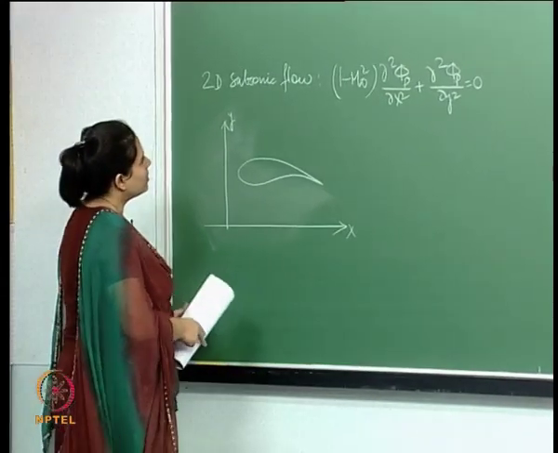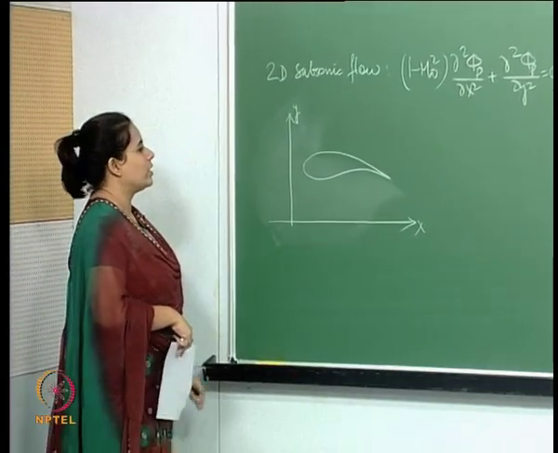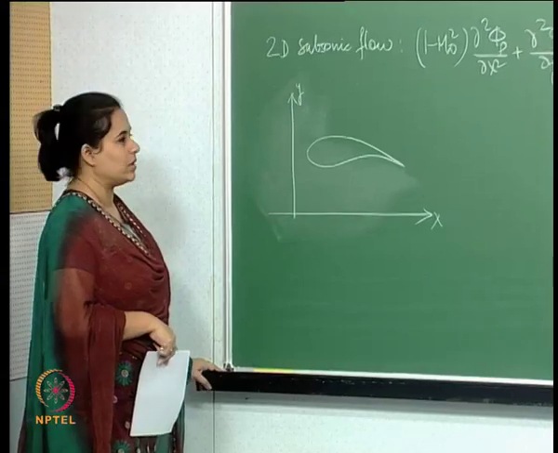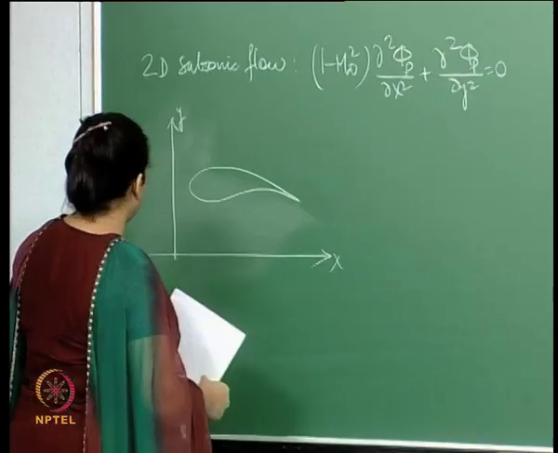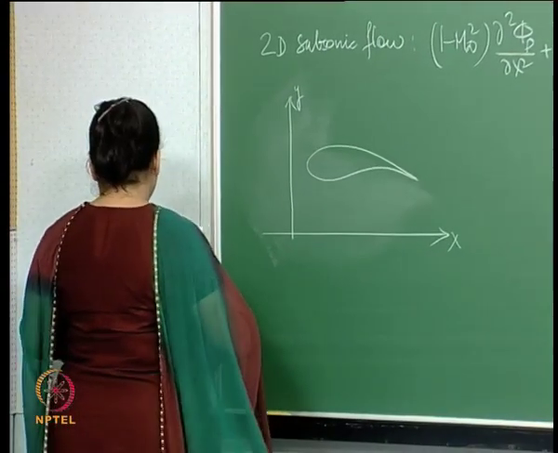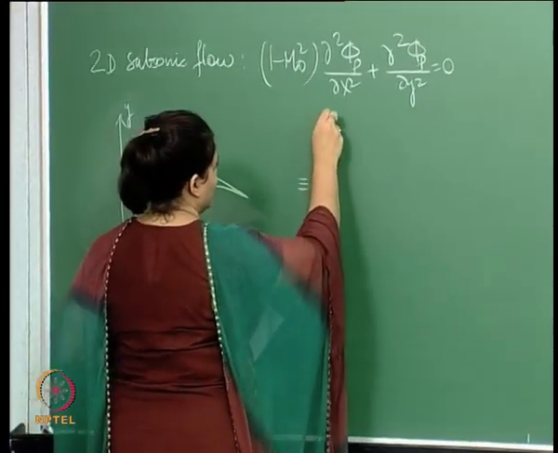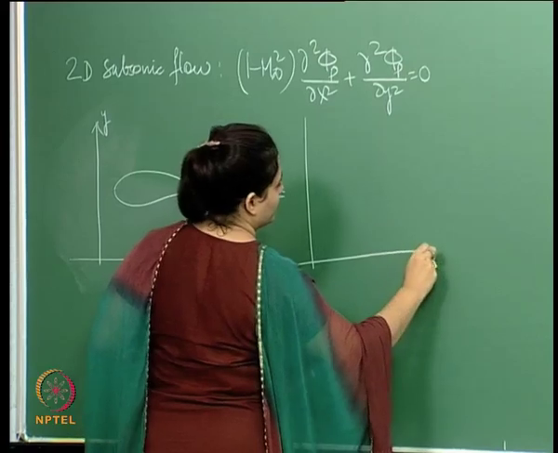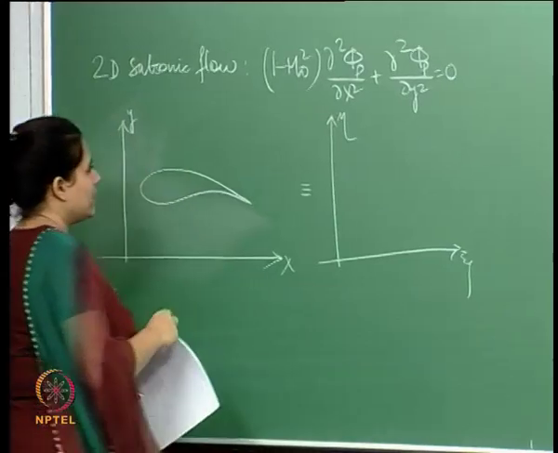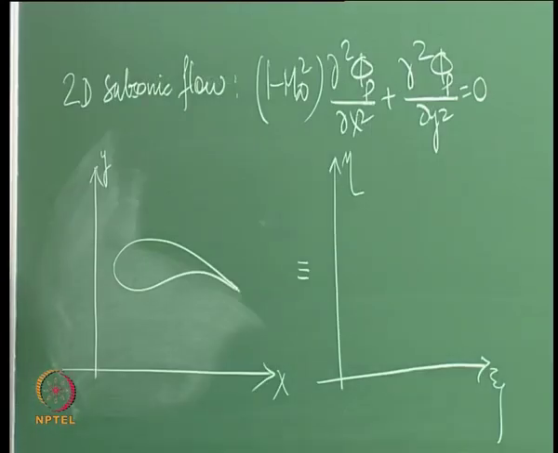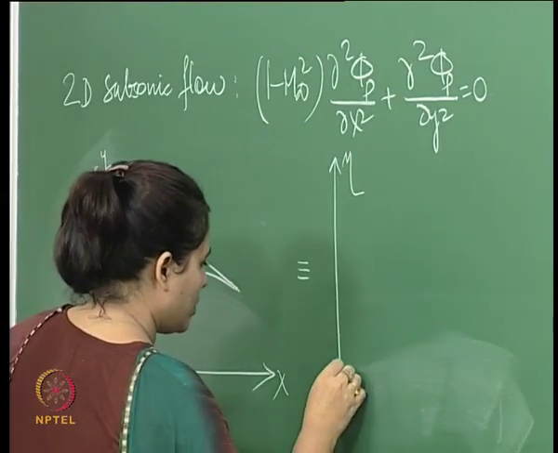Okay. Now let us use, say, what if instead of this x y coordinate system, I change the coordinate system a little bit? So let us say we will change this coordinate system to something like this. It's an orthogonal system.